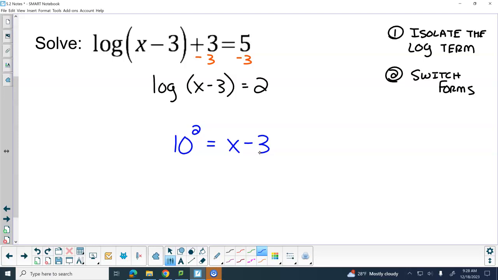Then we're going to solve. Ten squared. Add 3.